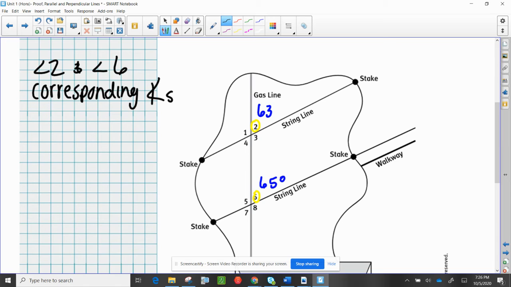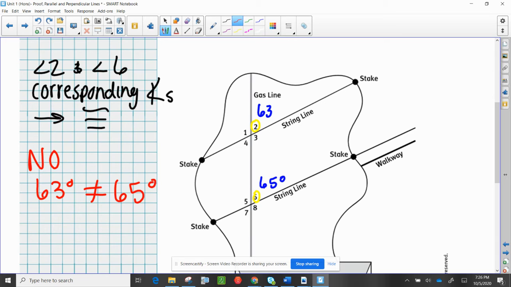What do we know about corresponding angles if we have parallel lines? Corresponding angles imply that we have congruence. So if our angles are 63 and 65, do we have parallel lines? No. 63 degrees is not equal to 65 degrees, so in this case, you're proving that those lines are not parallel.